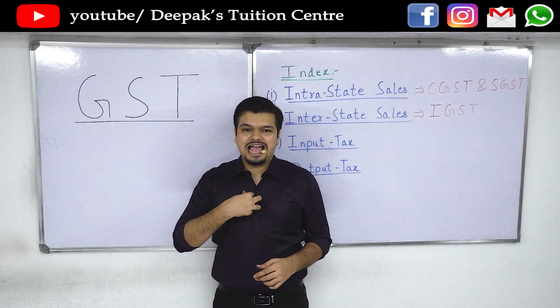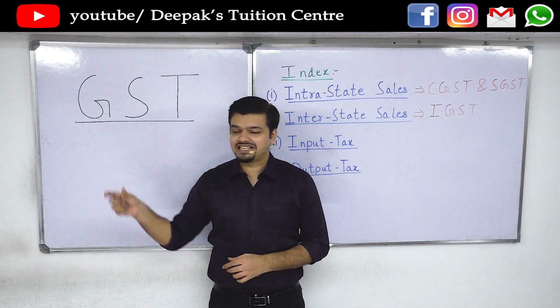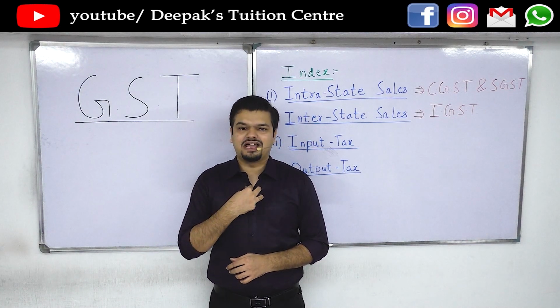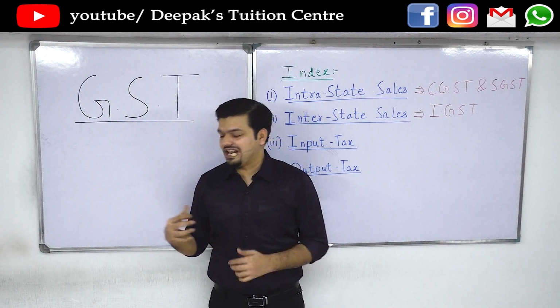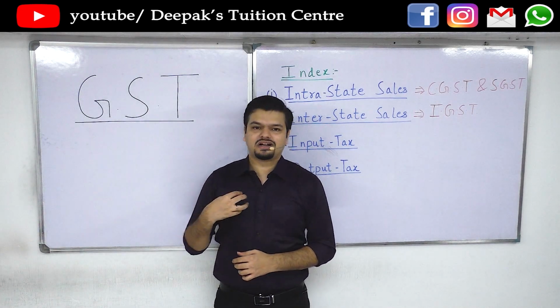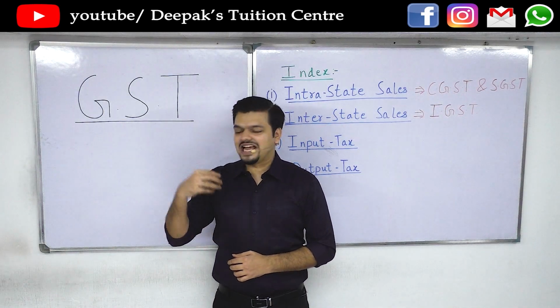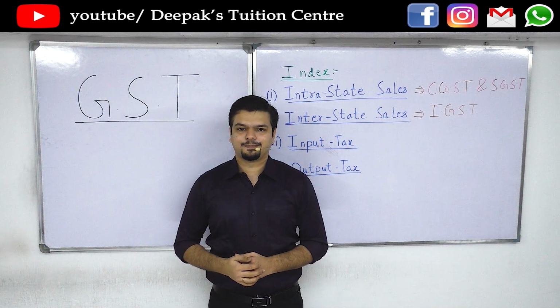When I am buying the product, I have to pay the selling price plus tax. That certain amount of tax which I have to pay, I call it my input GST. That simply means whenever I was inputting the good, that is, the good was coming into my godown, my shop, I was paying a certain tax and that tax is called input GST.